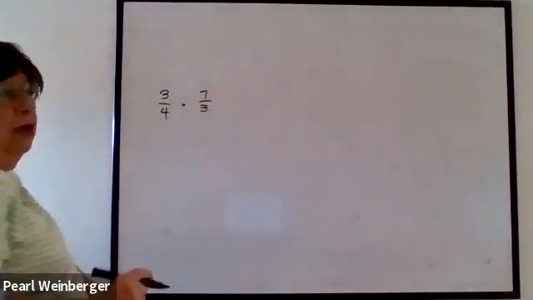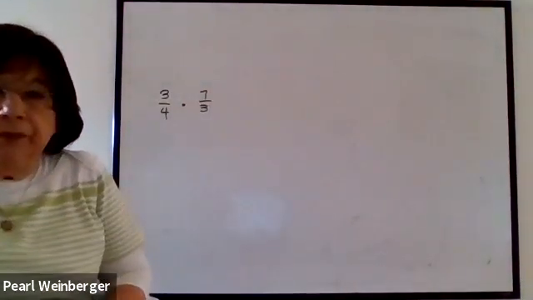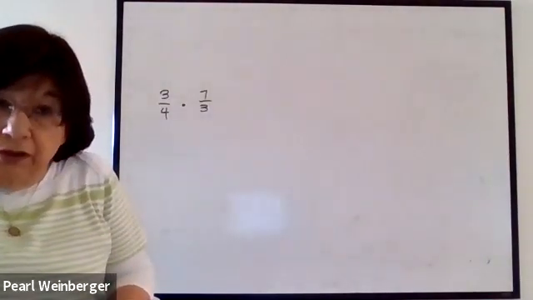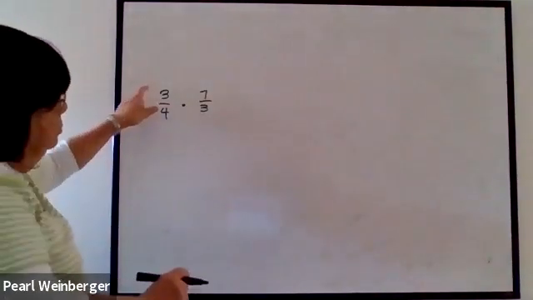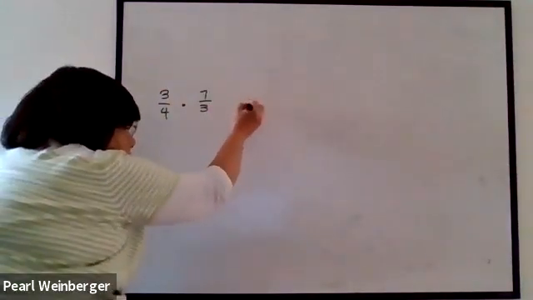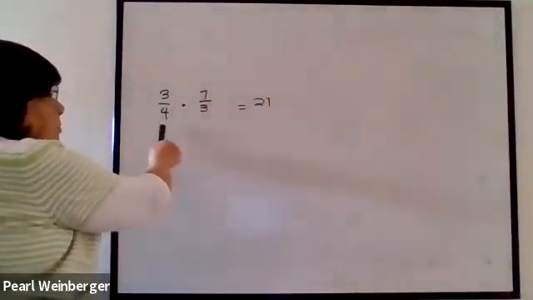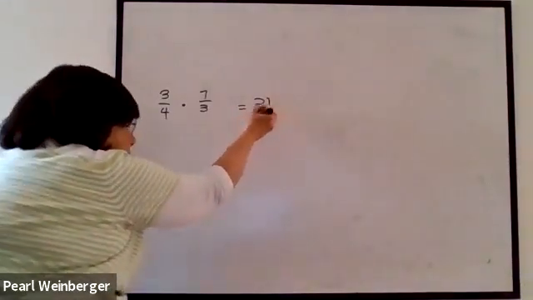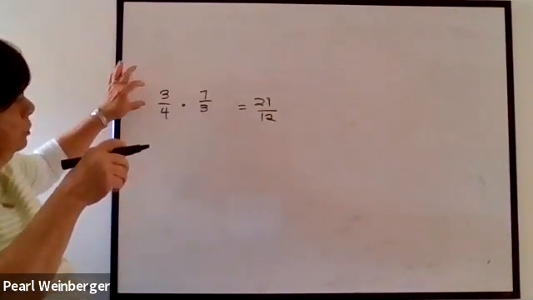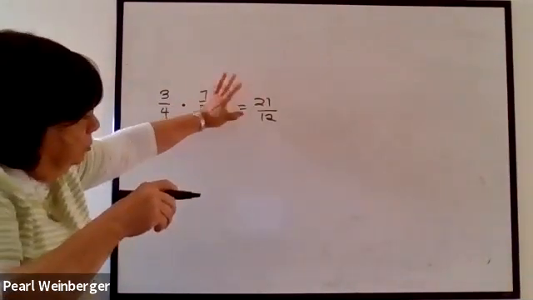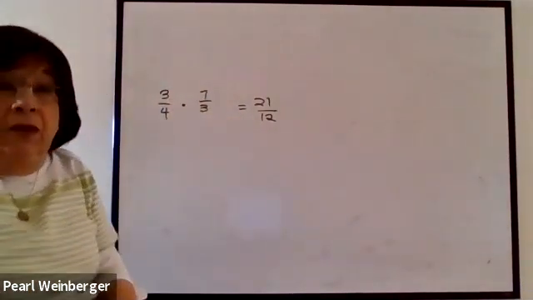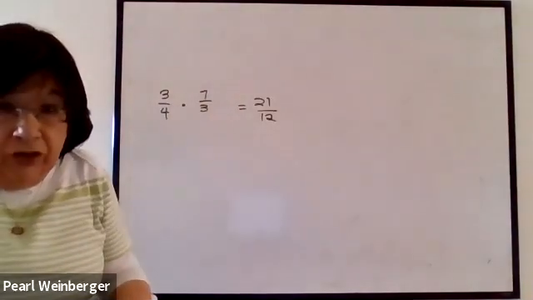I want to multiply these two fractions. The basic rule for multiplying fractions is really quite simple. You multiply the numerators together, that gives you the numerator. Then you multiply the denominators together, and that gives you your denominator. So essentially, we get 3 times 7 to get 21, and 4 times 3 to get 12.